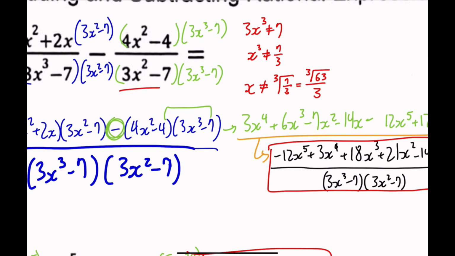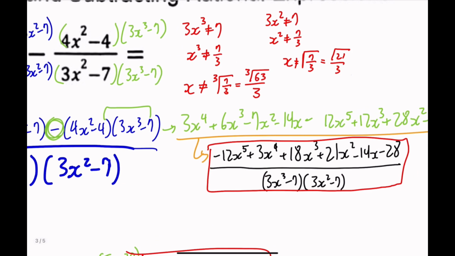But then there's one more, because it also can't be this, right? So 3x squared cannot be 7, because 3x squared minus 7 cannot be 0. That means x squared cannot be 7 over 3. So x cannot be equal to root 7 over 3, right? And if you rationalize this, this is going to be root 21 over 3.